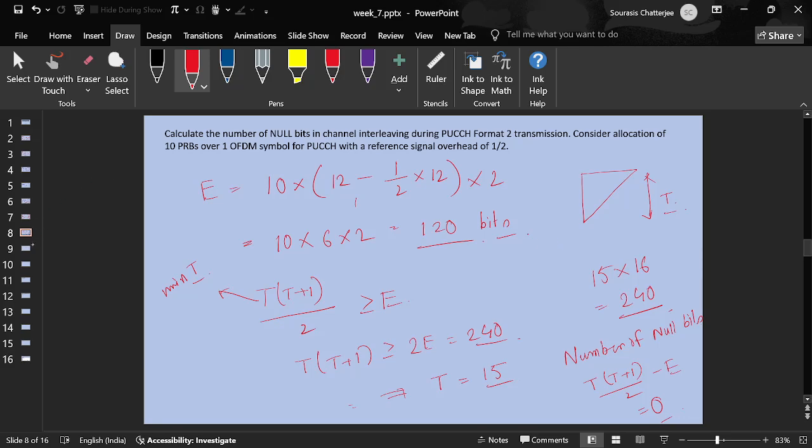In the channel interleaving, why is this in CSI? Why is this in CSI first?